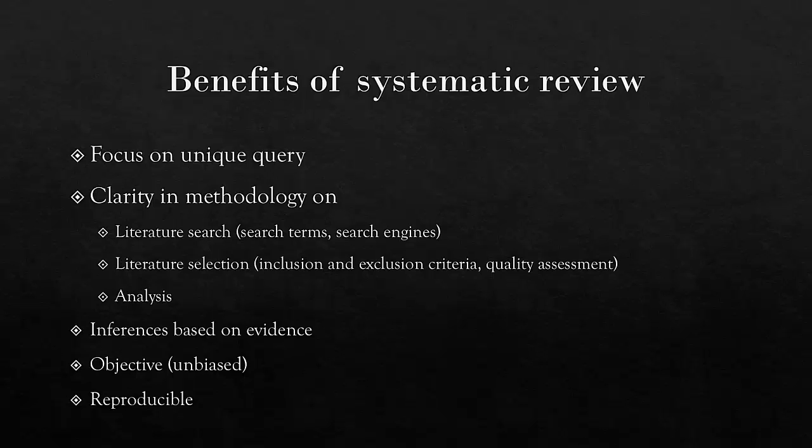Inferences are based on evidence by means of a systematic data analysis. It's objective, meaning unbiased. However, we must take into account that this is not always true, as we are all just humans and we cannot exclude bias because of that. Also, a major benefit here is that a systematic review is reproducible because the methodology is so well defined and reported.